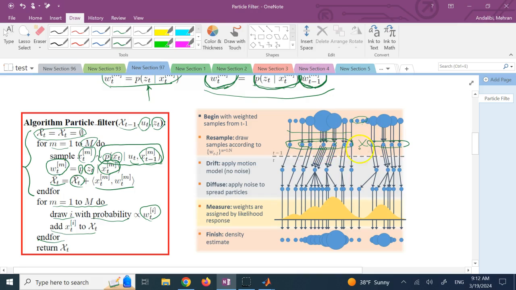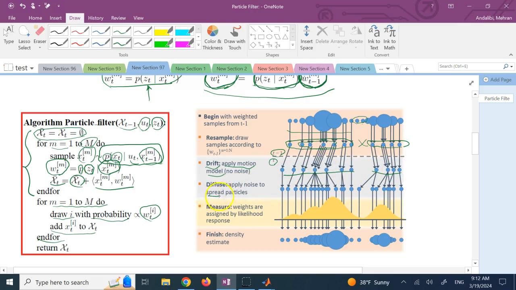And then these particles with equal weights in the more likely areas, I apply my transition to them, right? Which is called the motion model or drift or the prediction. So from time t minus 1 to time t, now let's say they are all moving like this. So some of them going to the left, some of them going to the right.